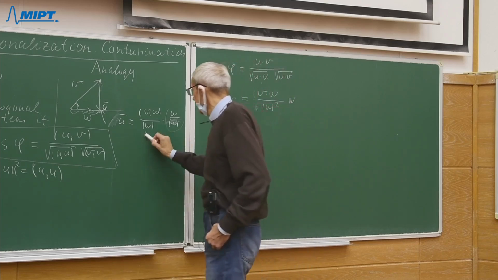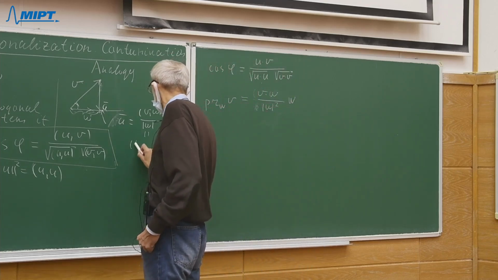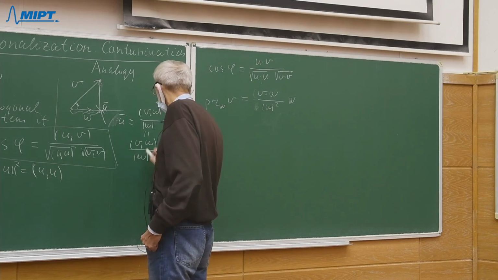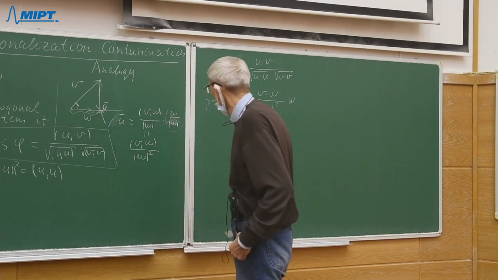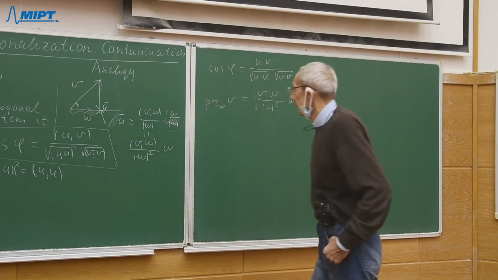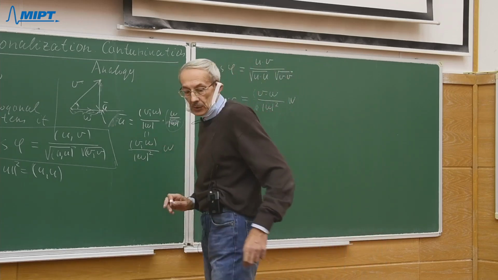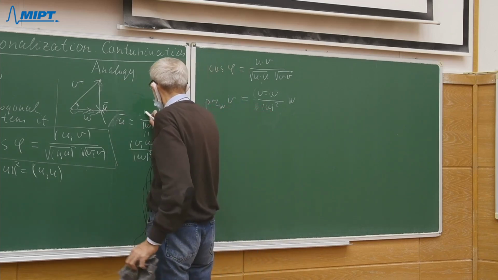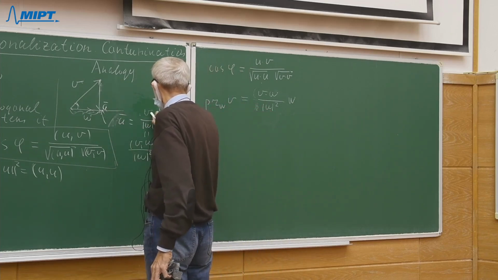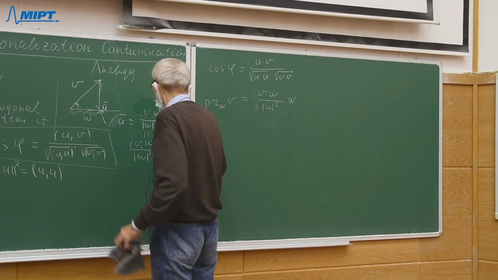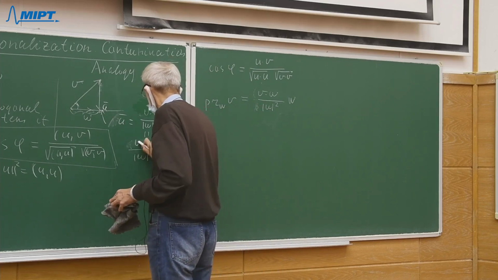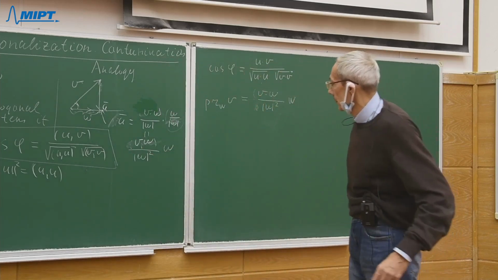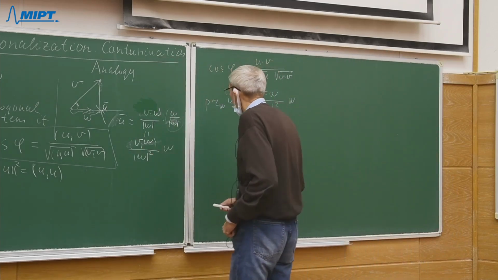And this formula can be rewritten in the following form: the ratio of vw over w squared, multiplied by the vector w. In this case, I use the dot product notation. In this case, we obtain this formula for the geometrical projection.